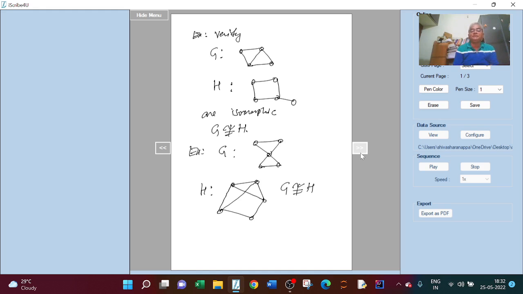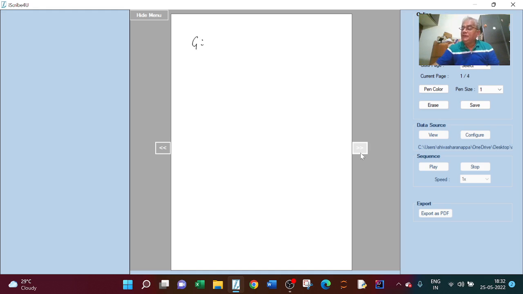Similar example, I will take G the same, and H with 1, 2, 3, 4, 5. G consists of 1, 2, 3, 4, 5 vertices.